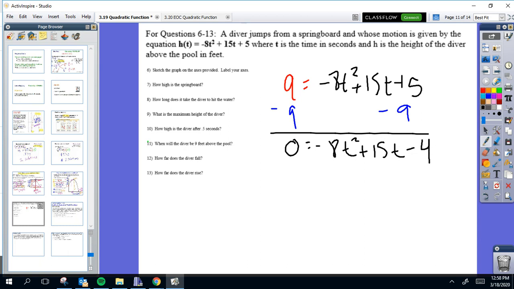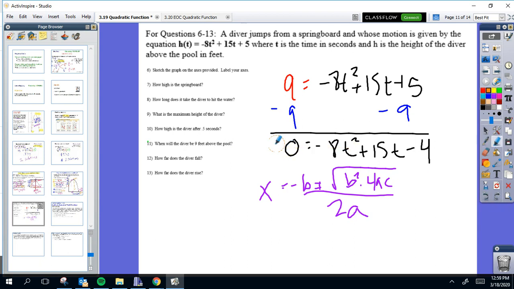So all I have to do is use this equation and use the quadratic formula that I've listed right here to figure out when the diver will be 9 feet above the pool. So go ahead and use this and plug it into the equation to see what your x values are going to be.